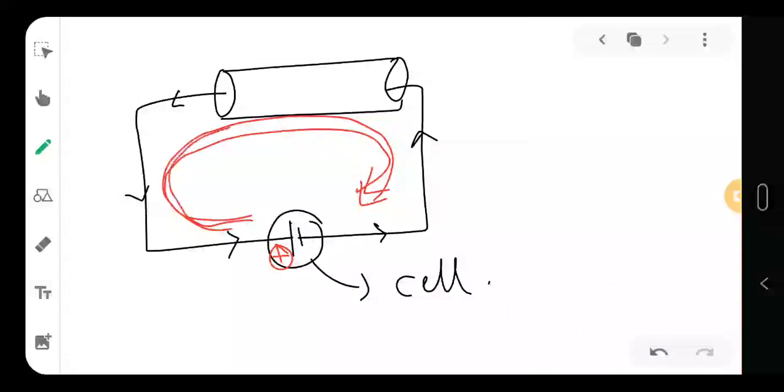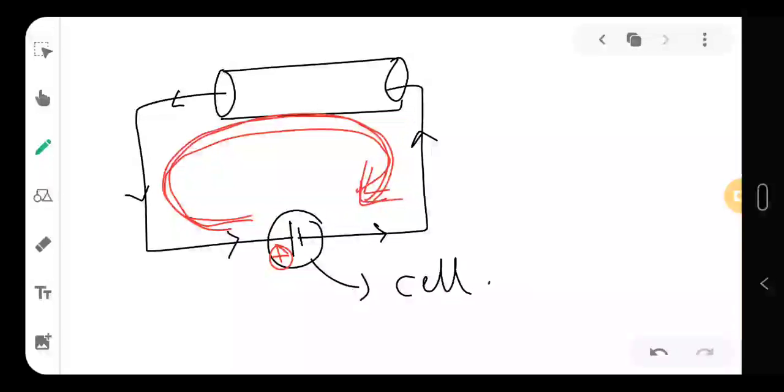These vacancies are moving in a certain direction, and for simplification, or for their own calculation, people have taken the direction of these positive vacancies as the direction of current. So the opposite way to which the electron is going is conventionally the direction of current. So the current is flowing like this.